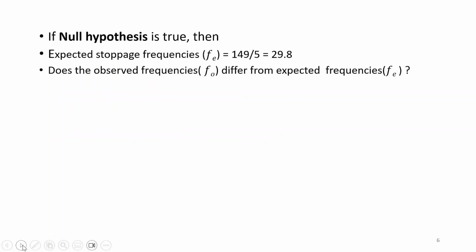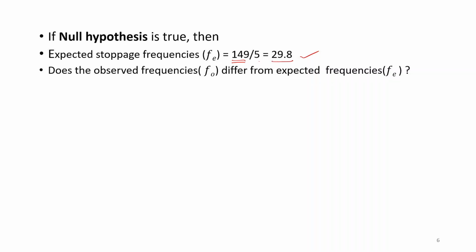Now, if the null hypothesis is true, the stoppage rates are not different from each other, then what is the expected stoppage frequency for each of those 5 looms? Total stoppage is 149 and I have 5 looms. So I divide by 5.